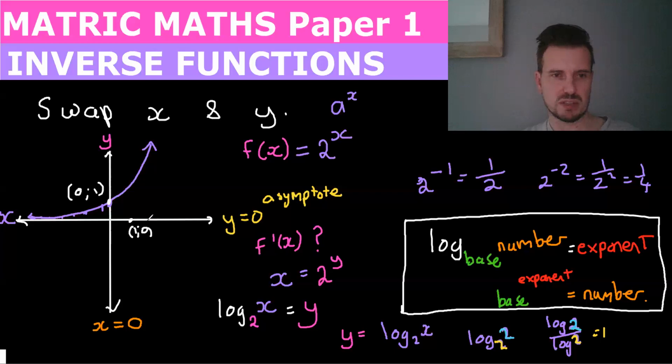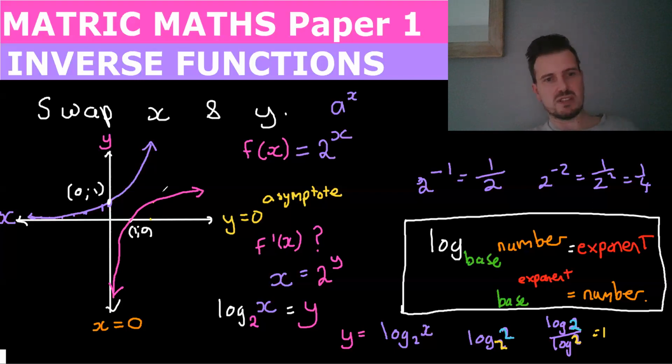So y is 1. Okay, so now I'm confident that I can just draw my graph. Sorry, wrong color. We want it in pink because the inverse is the one in pink. So like that.